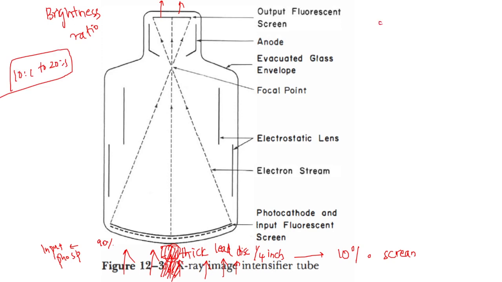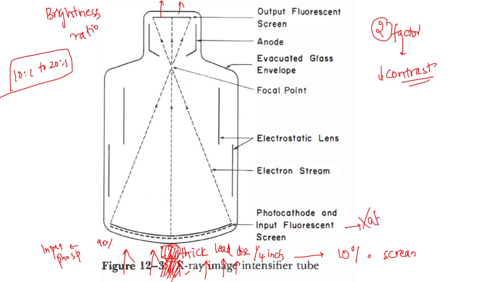There are two factors which decrease the contrast of the image in the image intensifier. One, the input fluorescent screen does not absorb all photons in the X-ray beam.